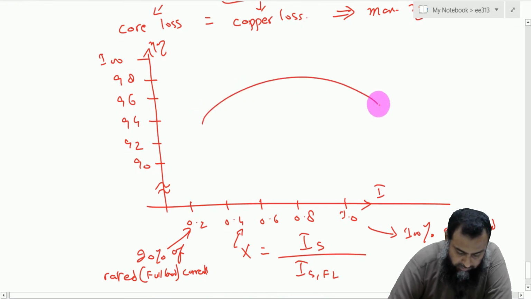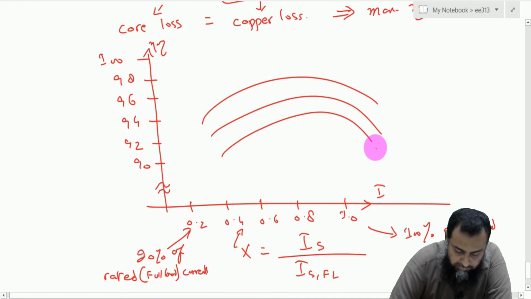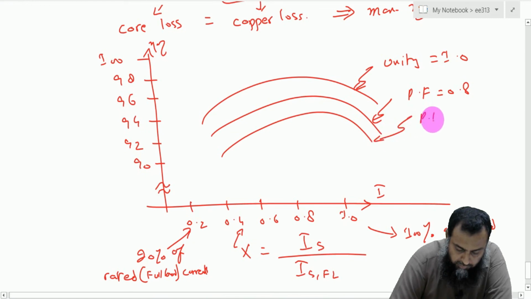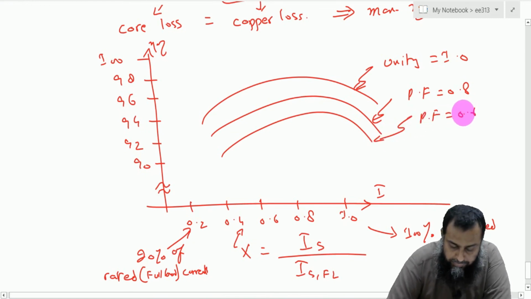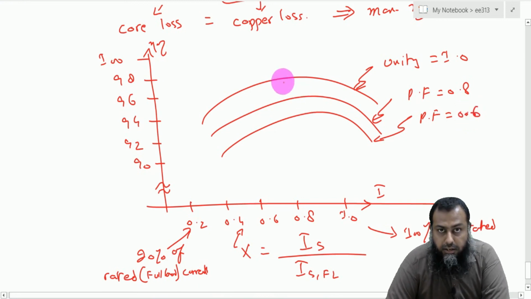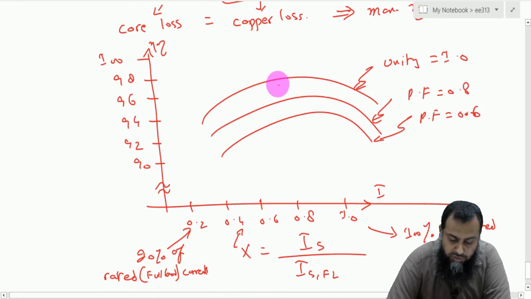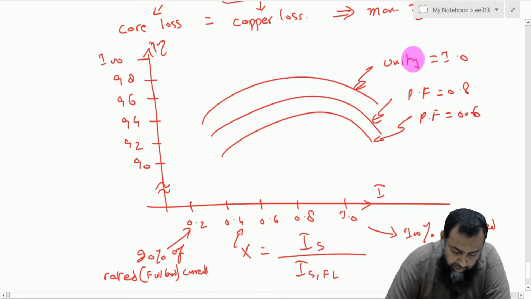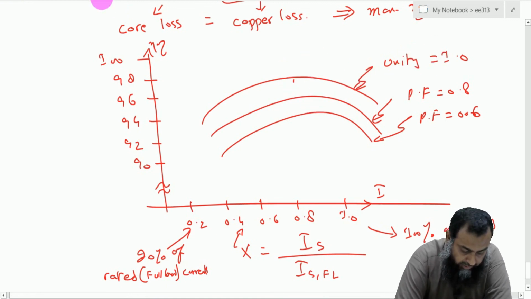Then we have some sort of waveform, something like this, where this one is for unity power factor, equal to 1. This is for power factor equals 0.8, and this one is for power factor equals 0.6. So now you can see that the transformer efficiency is maximum when we have a unity power factor, and at unity power factor there is one particular point where we have the maximum efficiency, somewhere here.